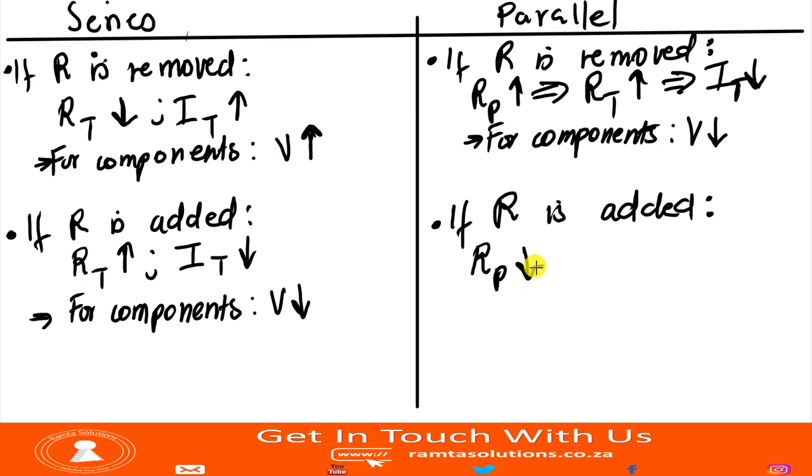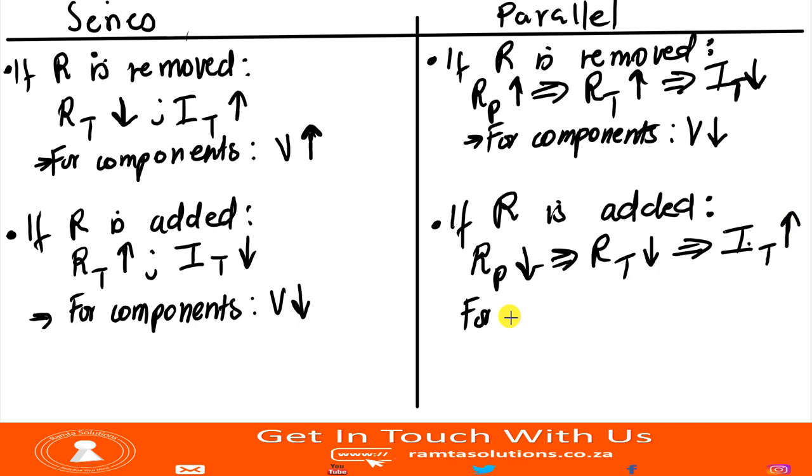RP will decrease, right? And when RP decreases, this means total resistance also decreases. And this also implies total current. What happens? Remember, total current is indirectly proportional to resistance. So total current will increase.